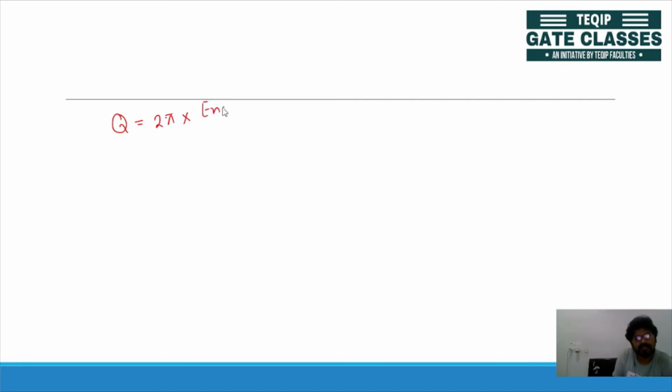energy stored in inductor or capacitor, let's say in inductor, divided by energy dissipated in resistor. Okay, so what is the energy stored in inductor?